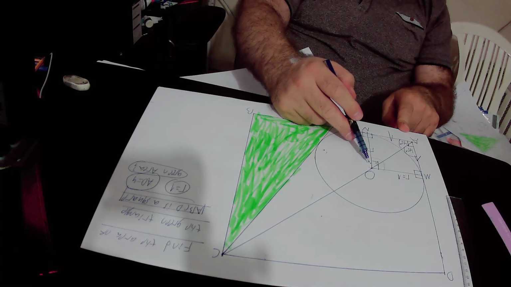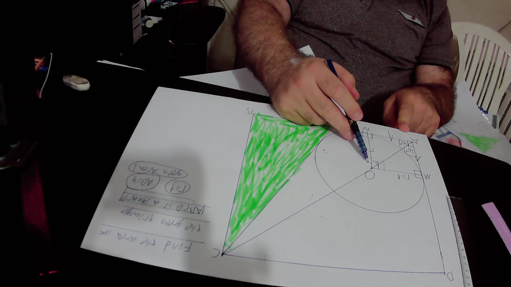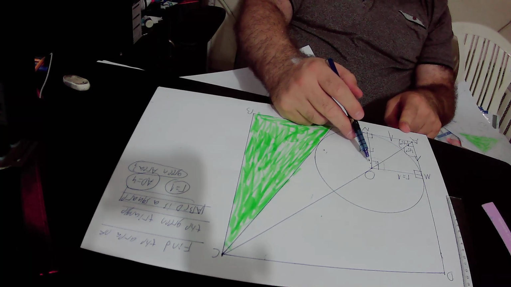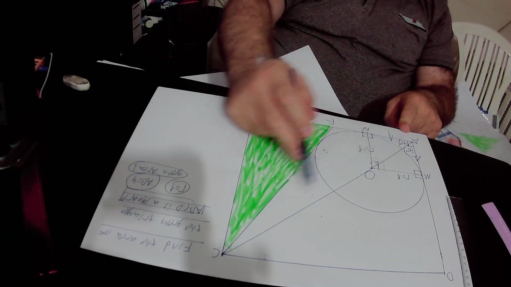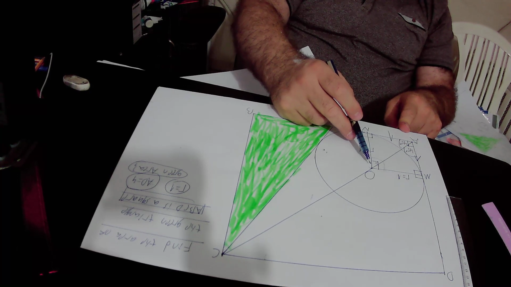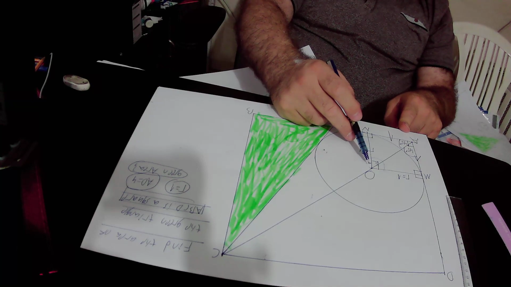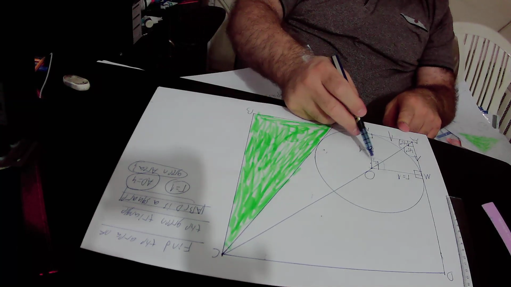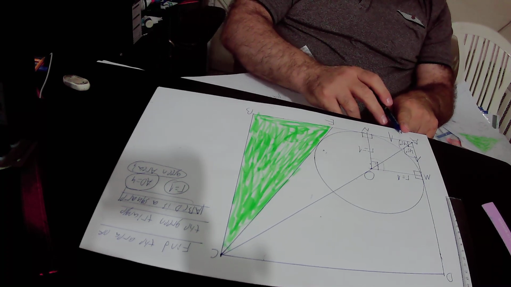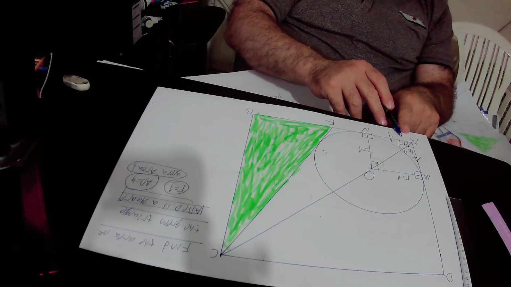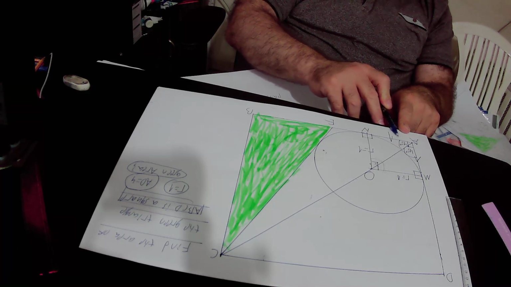Otherwise, if we assume that the diagonal AC does not pass through point O, then it is impossible that angle CAB will be equal to angle OAB, because they have the same side, a common side.